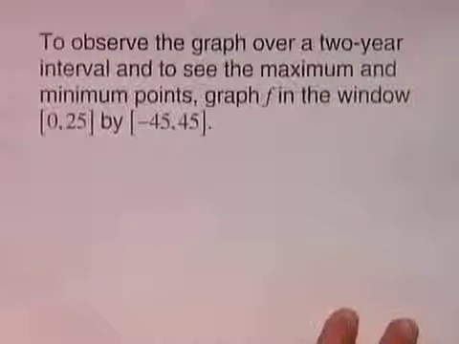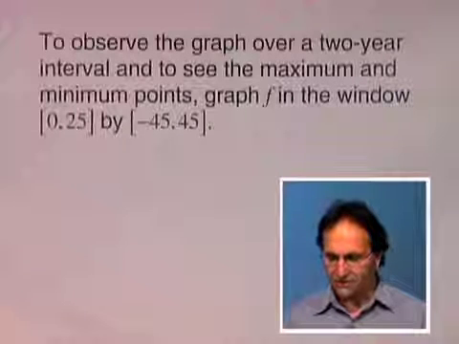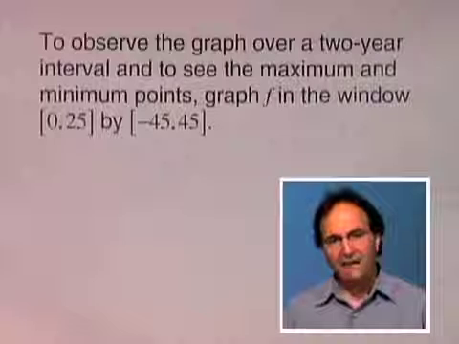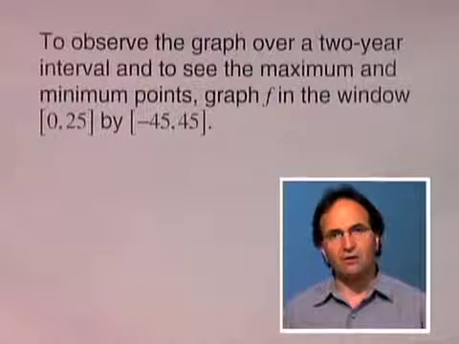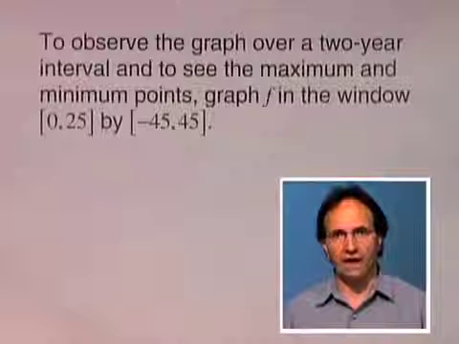The first thing we're going to do is observe the graph over a 2-year interval, and to see the maximum and minimum points, graph f in the window 0, 25 by -45, 45.